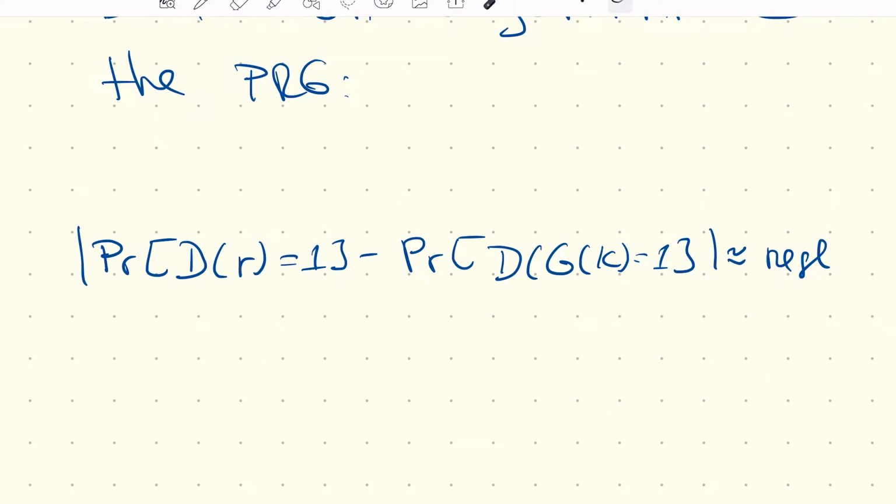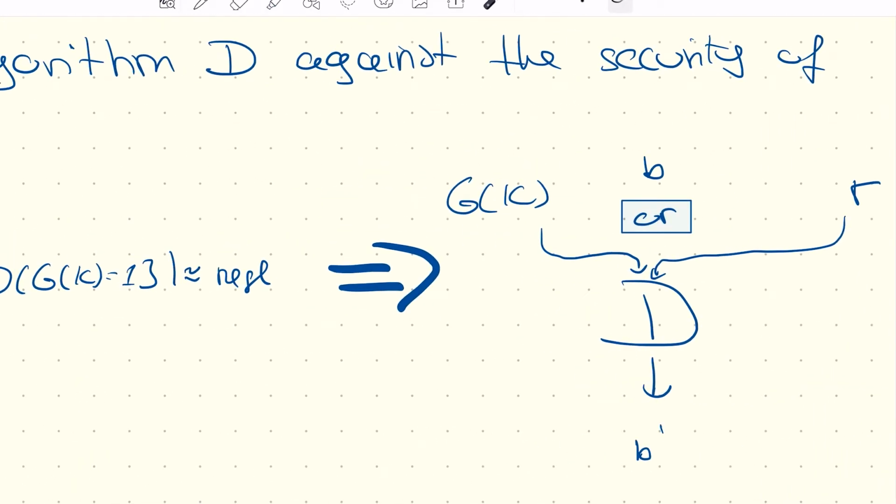So you can really think about this formalization in the following way. The distinguisher D gets either one of the two cases, either the pseudorandom string or the random string, and its goal is to output some bit b that says, well, either it was a PRG or it was a random string. So this is just a pictorial description of the same formalization that we have just seen.